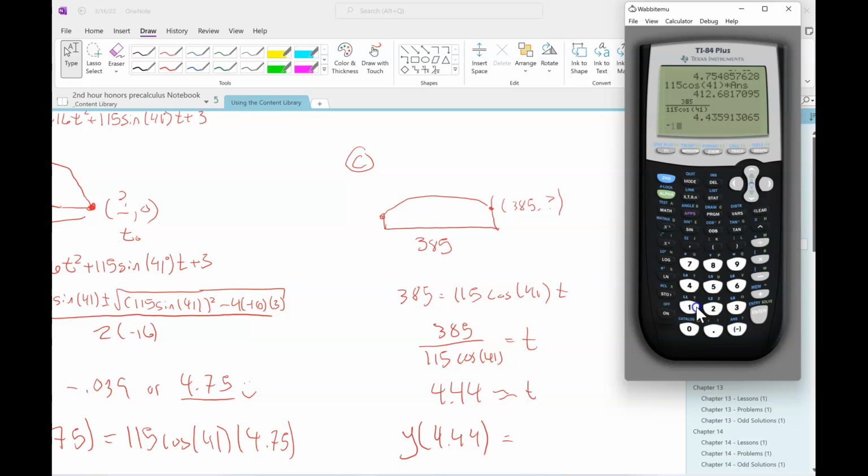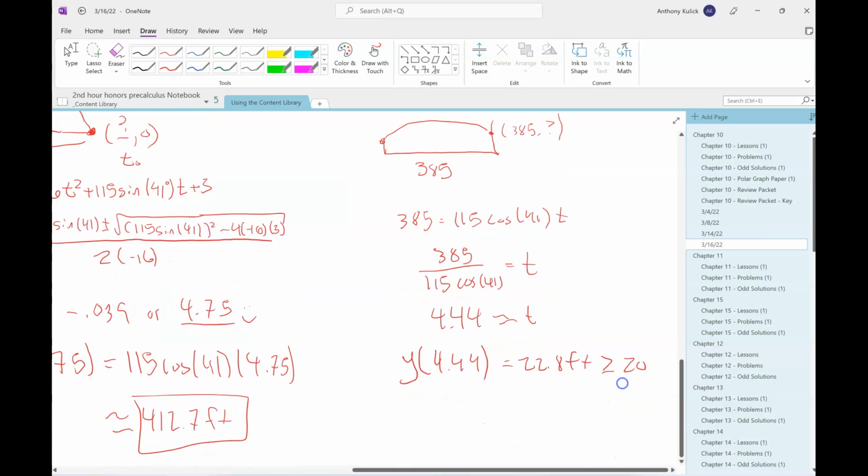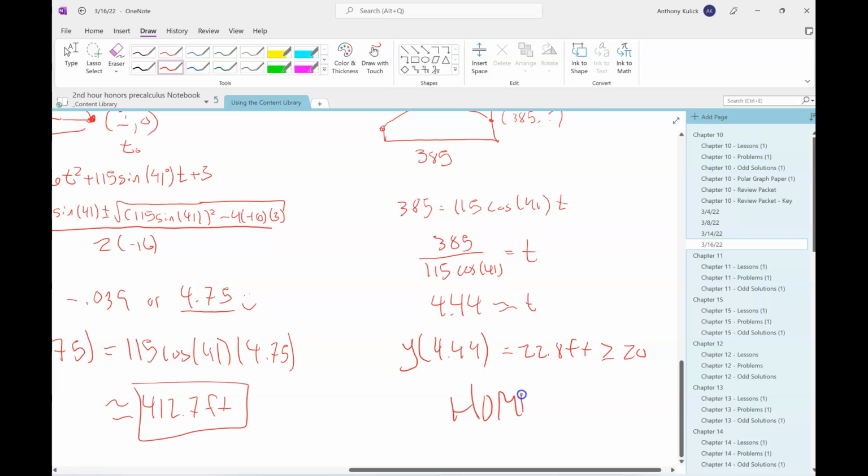So I have negative 16 times answer squared plus 115 sine 41 times the answer plus 3, right? Is it 3? Yeah, it's 3. So I get 22.8 feet or thereabouts. And since that's greater than 20 feet, that's a home run.